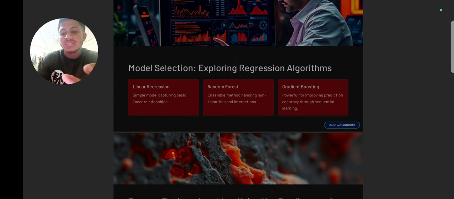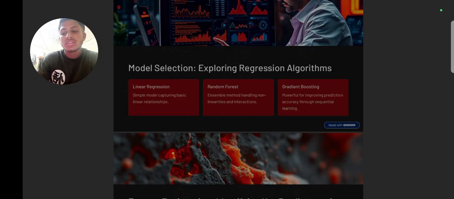Common applications include predicting house prices, forecasting stock market prices, or estimating the durability of concrete under various conditions. We will explore some popular regression algorithms, highlighting their characteristics.